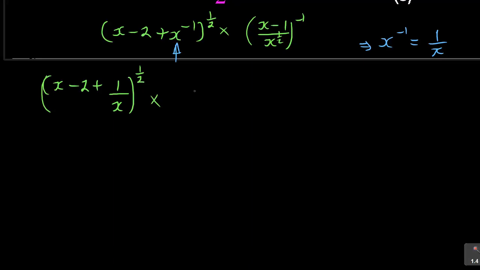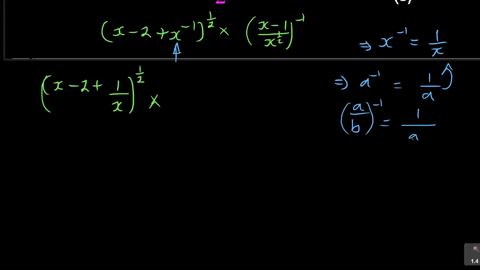Then it's times. Now, I just want to show you how you can simplify. If I'm given a to the power negative 1, it is equal to 1 over a. But if I'm given a fraction, a over b to the power negative 1, this is the same as 1 over a over b, which is 1 divided by a over b.